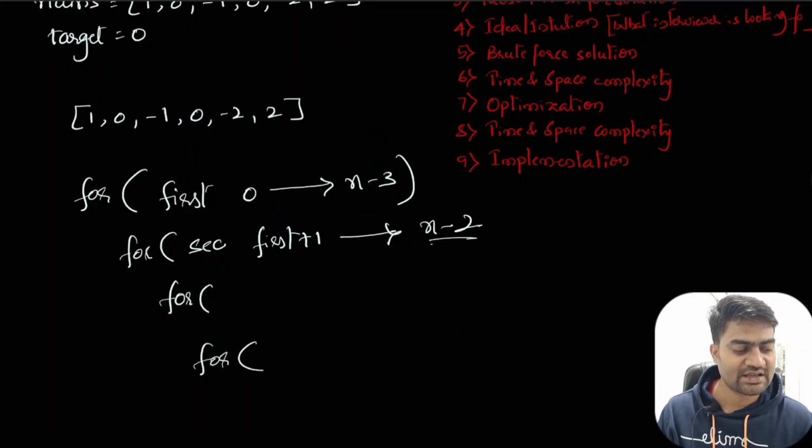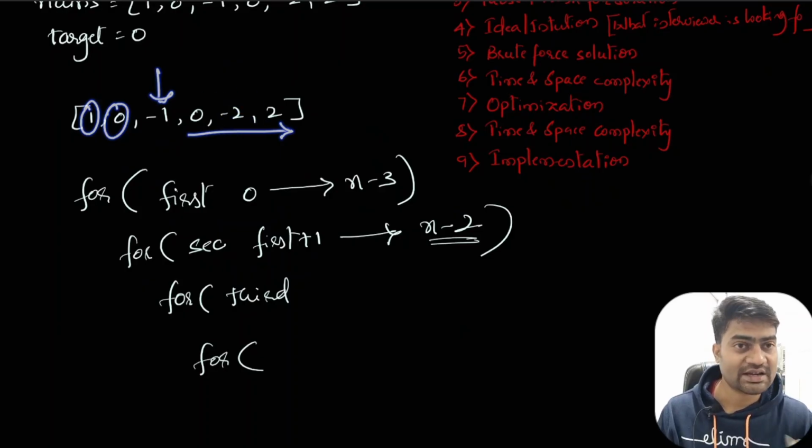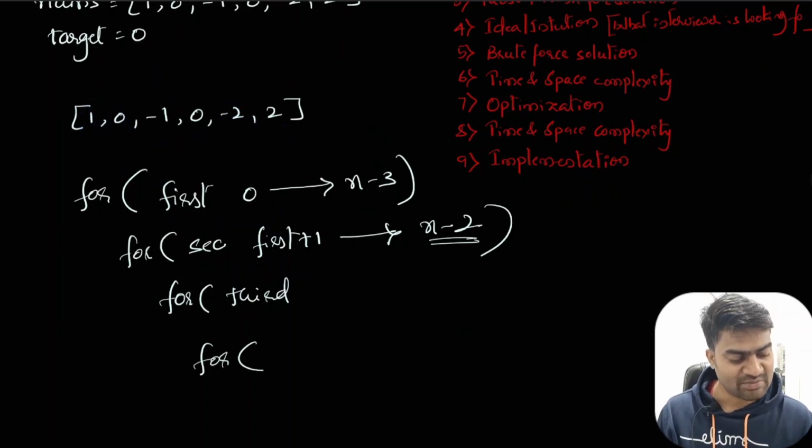So this is okay. Next, the third number will start. Again, if this was the first number, this was the second number, then this was my third number. Then this third number iterated throughout the remaining elements. So now I will start my third number from second plus 1 and it iterates until n minus 1.